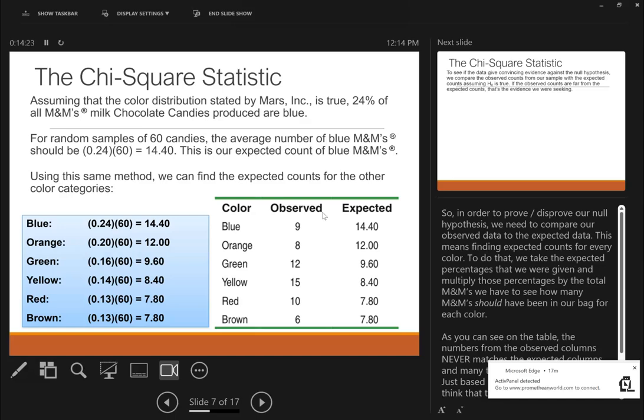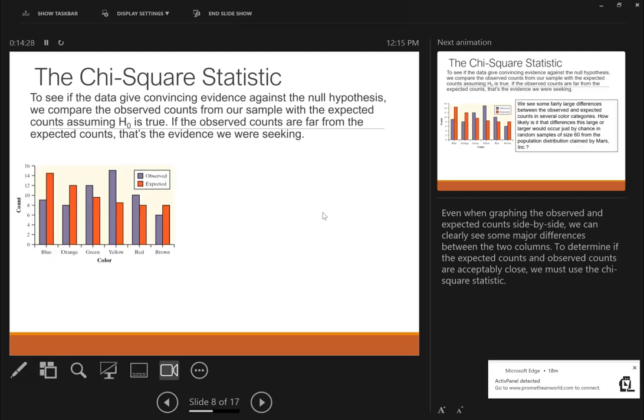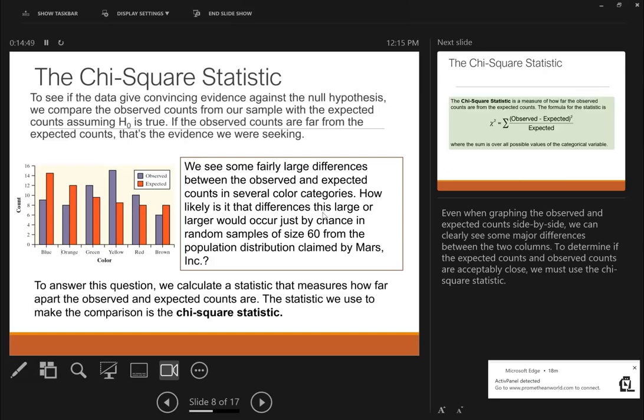That's what we're going to be trying to ascertain. So another way to visualize this is a side-by-side bar graph where I have observed and expected counts, and okay, some of these look pretty different, right? Blue and yellows in particular look pretty far apart.